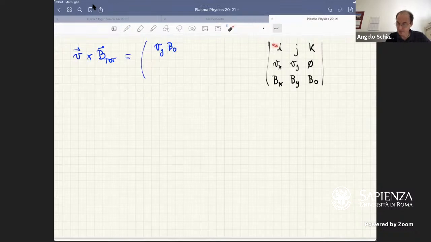Then the second one is the determinant of this one here, Vx B0 minus 0, but we have to change the sign. So this is becoming minus Vx B0. And the z component is the determinant of this minor here. So it's going to be Vx By minus Vy Bx.